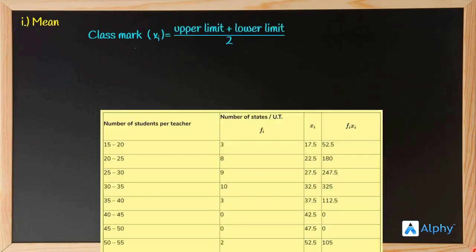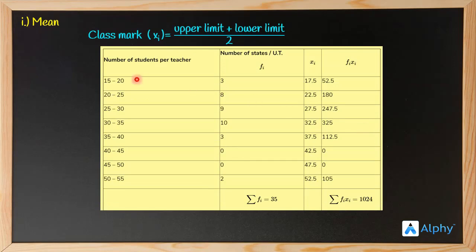First of all, we need to find the class mark of the given data in order to find out the mean. The class mark is given by the formula (upper limit plus lower limit) divided by 2. In the question, we are given the number of students per teacher in the form of class intervals, and the frequencies represented as fi.